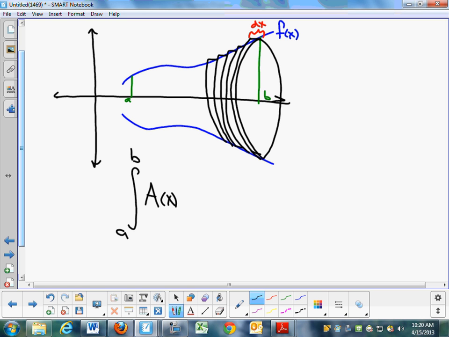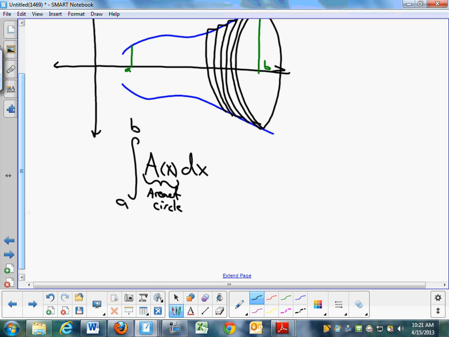So I have the area of the circle, A of x, times dx, which is going to be the width or height of the cylinder. Well, let's just extrapolate this just a little bit further.